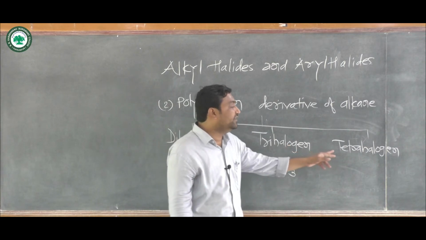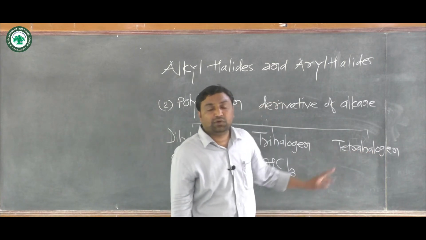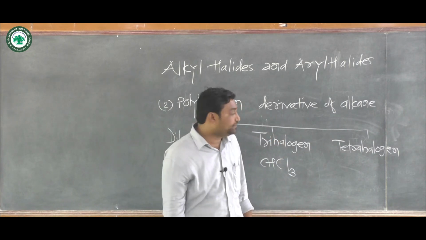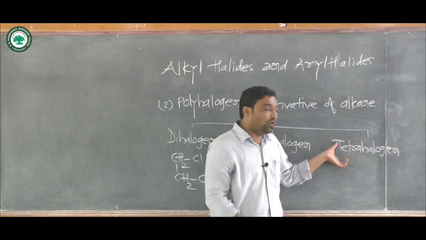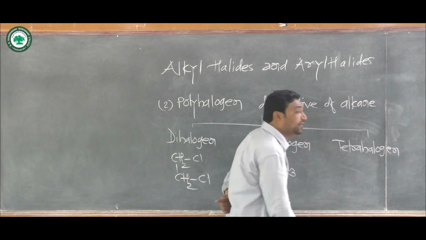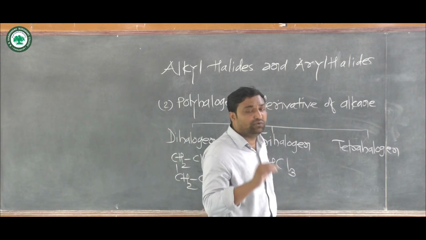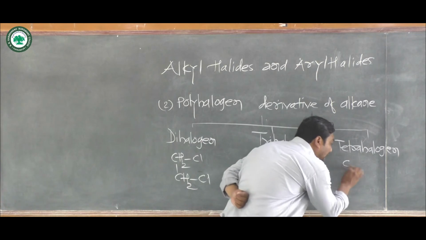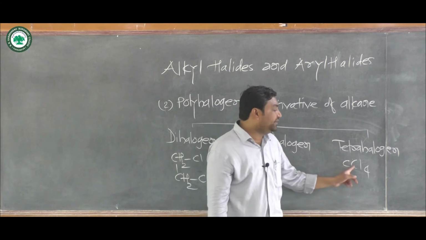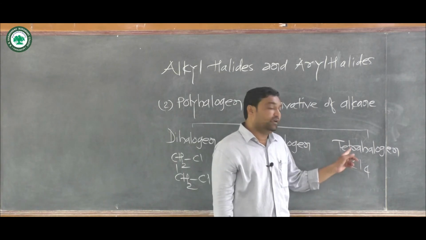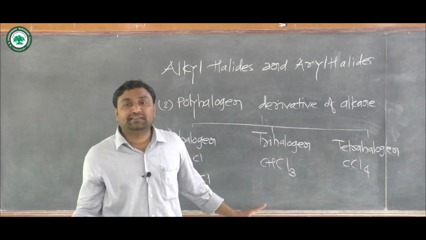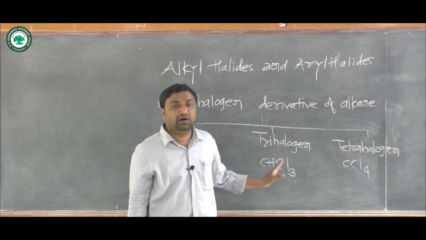In the last case, tetrahalogen derivatives of alkane, we have to replace 4 hydrogen atoms of alkane. For example, if I replace 4 hydrogen atoms by 4 chlorine atoms, we will obtain carbon tetrachloride, a member of tetrahalogen derivatives of alkane. This is the classification of halogen derivatives of alkane.